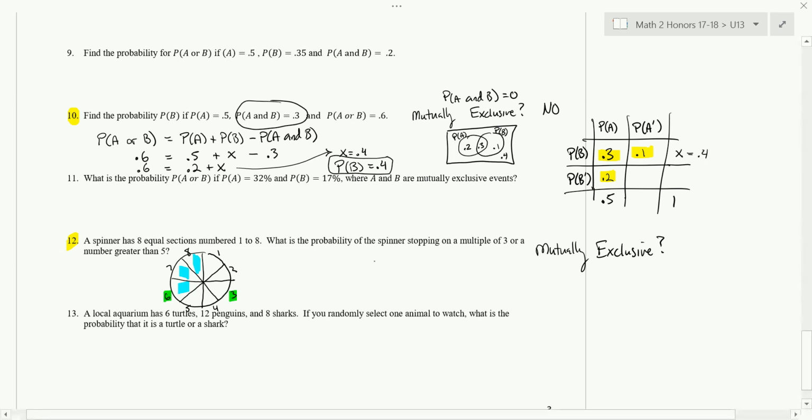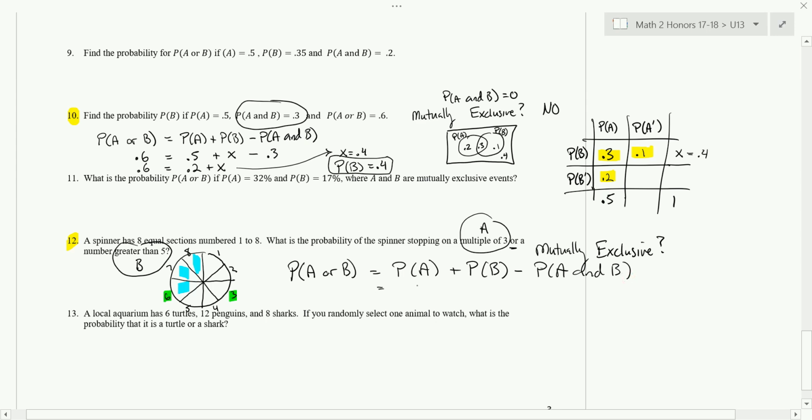So let's let multiple of 3 be event A, and a number greater than 5 be event B. The word or is being used, so I want to find the probability of A or B. That's the probability of A plus the probability of B minus the probability of A and B. What's the probability of A happening?